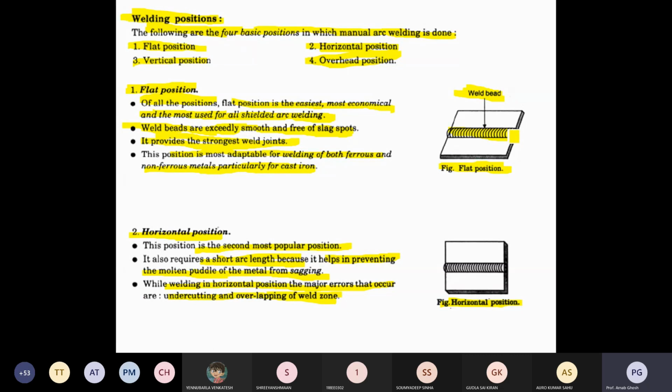If filler material is there, as per gravity it has a chance to come back to the side of your metal bodies, downwards. That's the difficult part, so overlapping chances are there in the horizontal position.